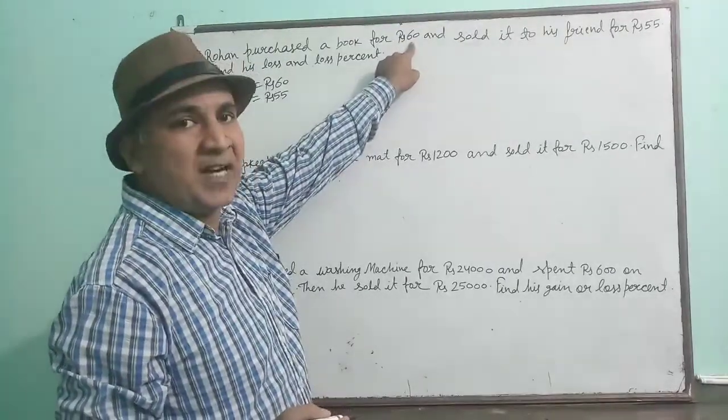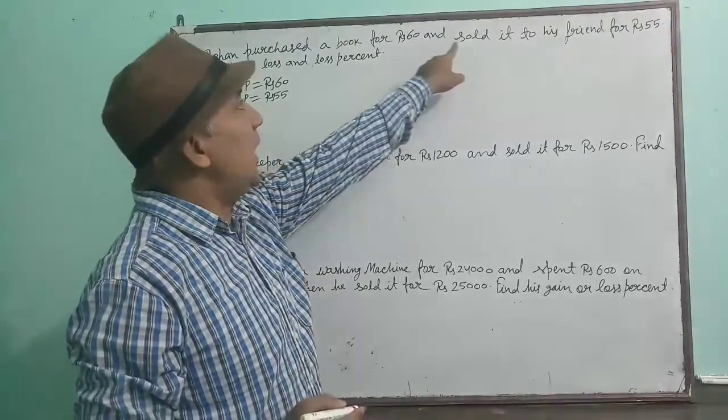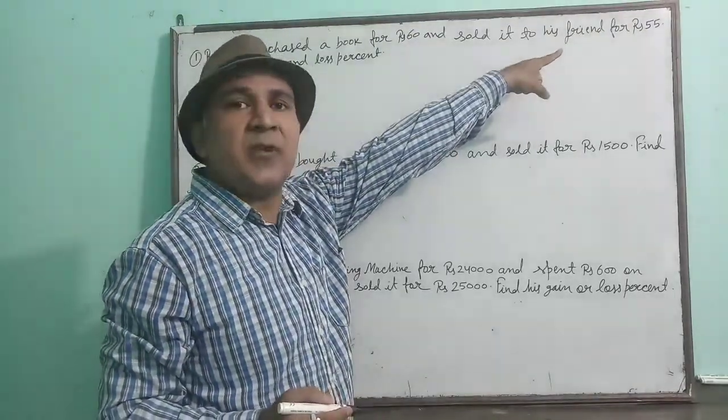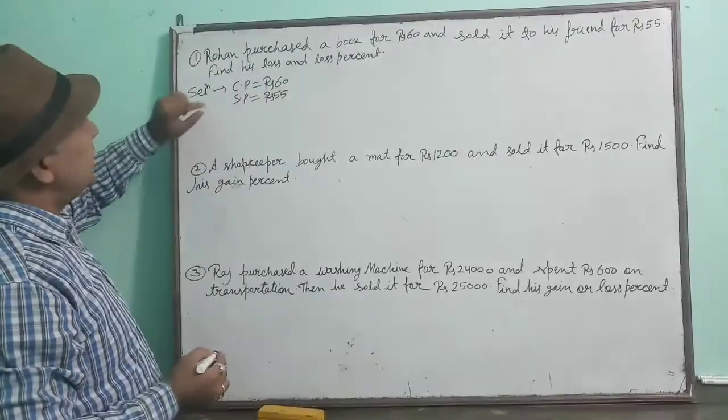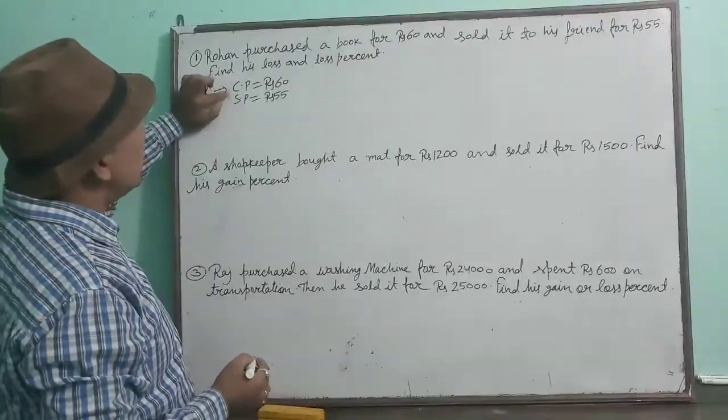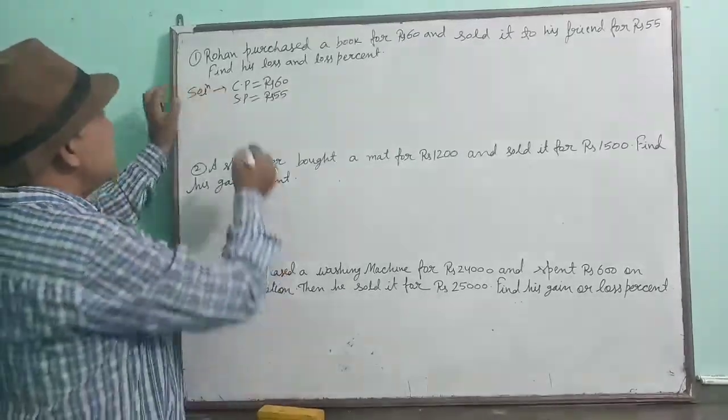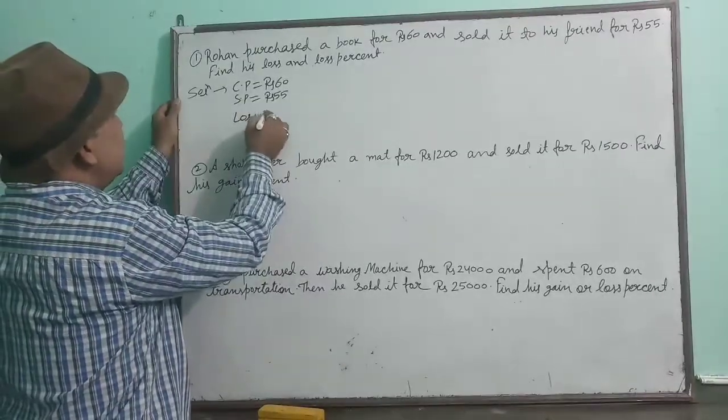Purchased means cost price, so 60 rupees is the cost price, and sold for 55 rupees means 55 is the selling price. Very easily you can see that cost price is greater than selling price. That means there is loss.